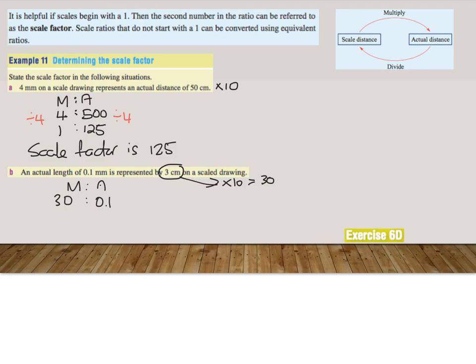To find out what's the scale factor, I have to get a 1 on the left-hand side, so my ratio starts as 1 to something.